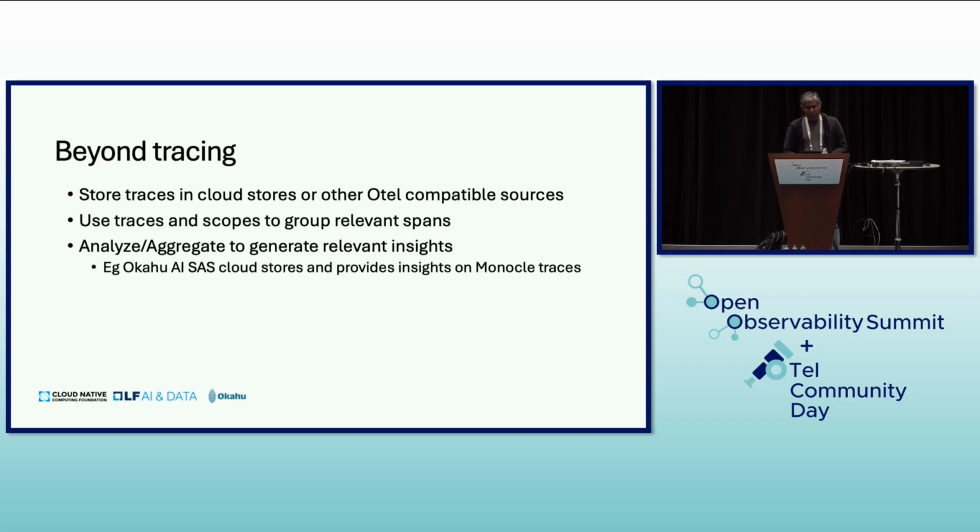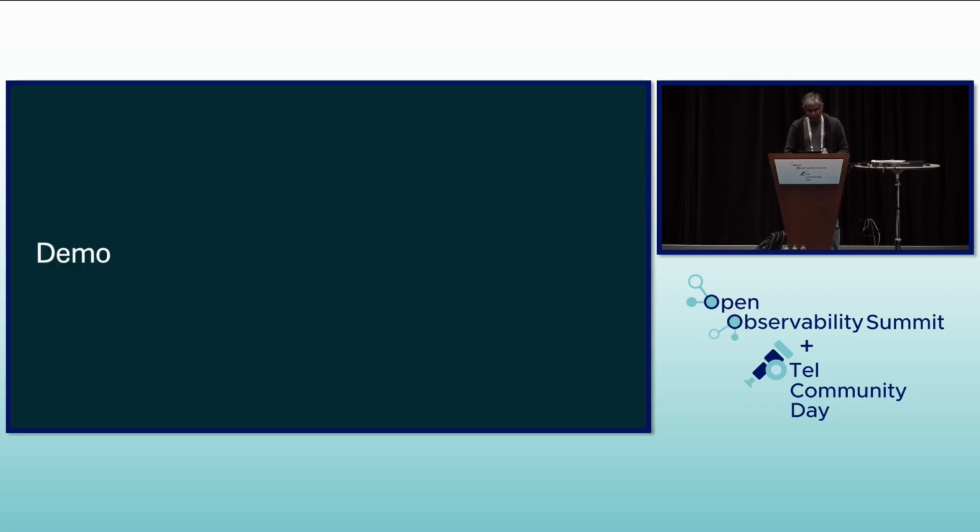So today, you can store those traces locally or in a cloud store. Any OpenTelemetry compatible service can consume it, and you can probably build your own aggregation queries on top of that. Or there is Okahu AI, which is fully compatible with Monocle and can natively run analytics on that.